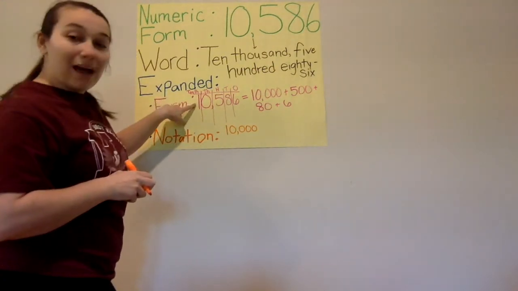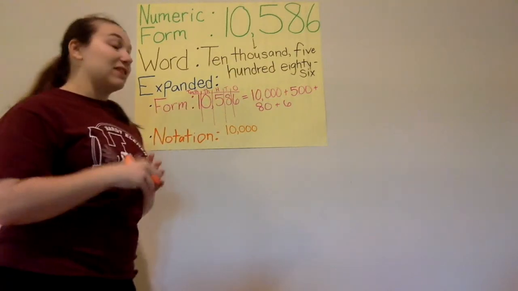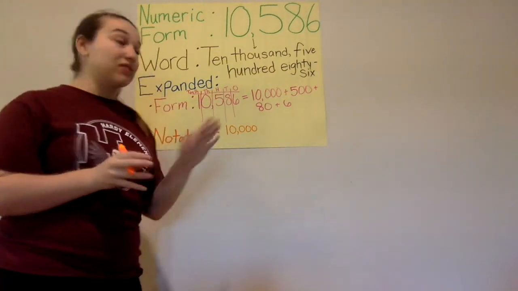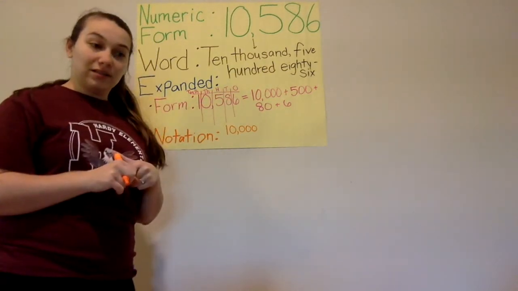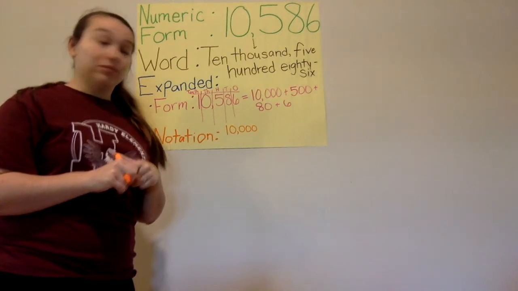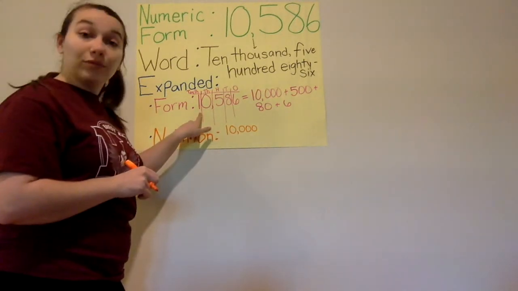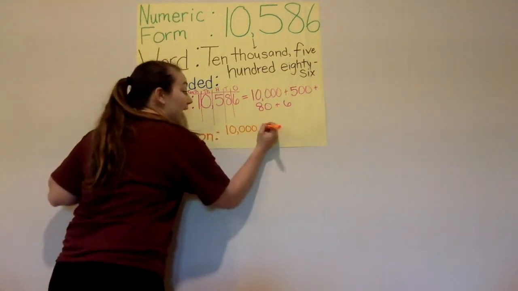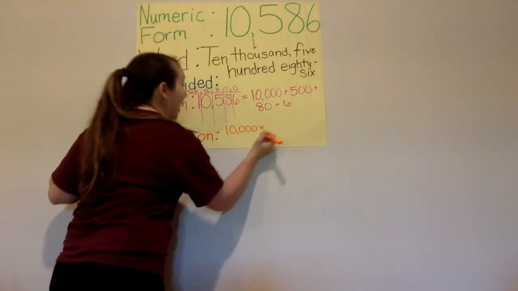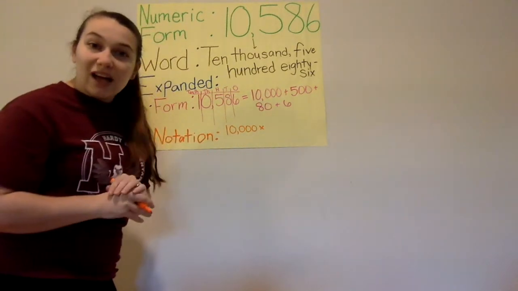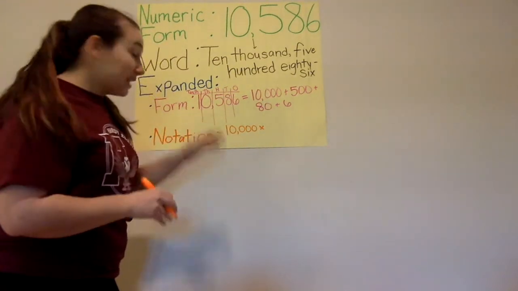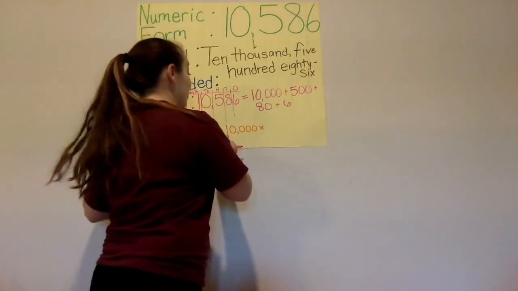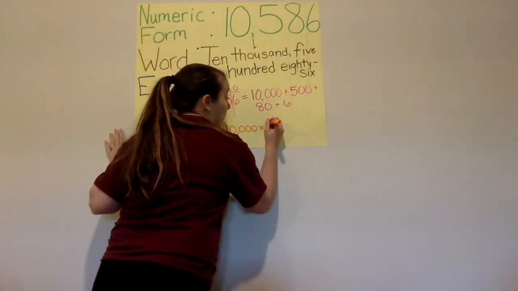Or what number is represented in the 10,000 spot on my place value chart? 1, right? So I'm going to take 10,000 and I'm going to multiply it by the number of 10,000s we have, which in this case is 1. So I'm just going to do 10,000 times 1.